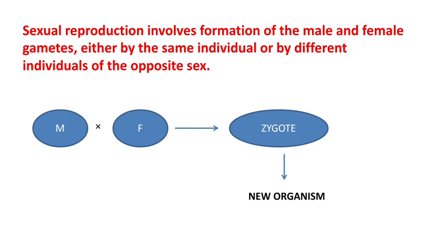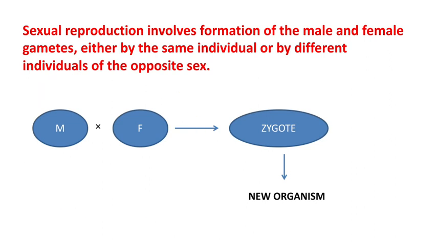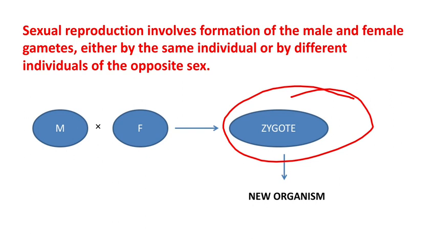So what happens in sexual reproduction is you have a male gamete and you have a female gamete. When these two gametes fuse together, they will form the zygote. And this zygote will then grow and form the new organism.